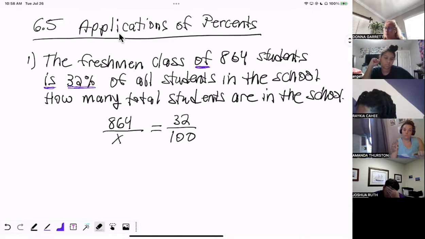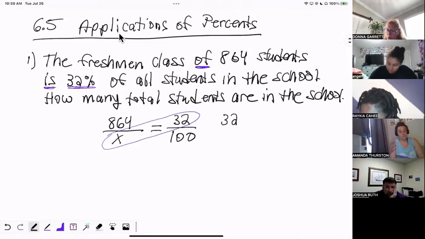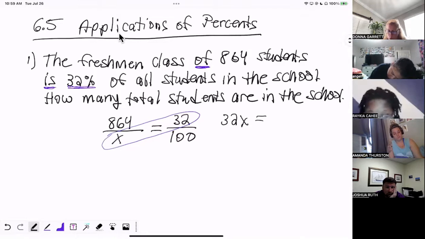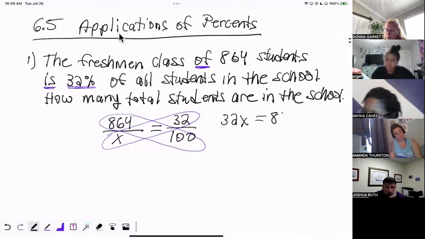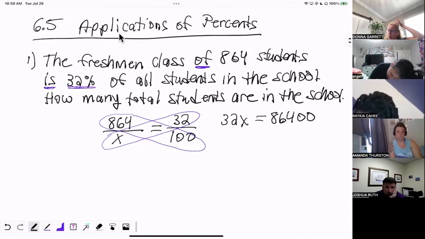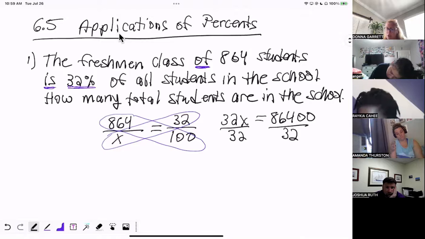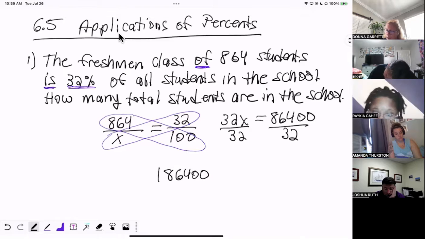And it's just like we just did. Cross multiply. 32x is equal to 86,400. And then we're going to divide both sides by 32. Whatever this answer is, it's going to be how many students are in the whole school. So 86,400 divided by 32.